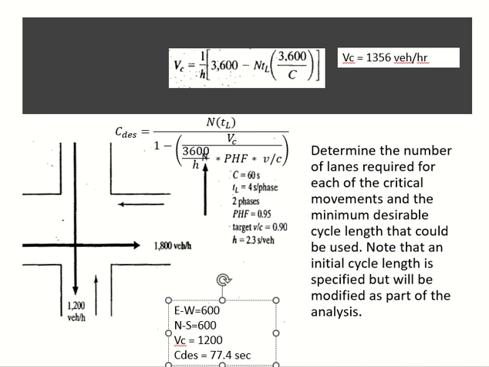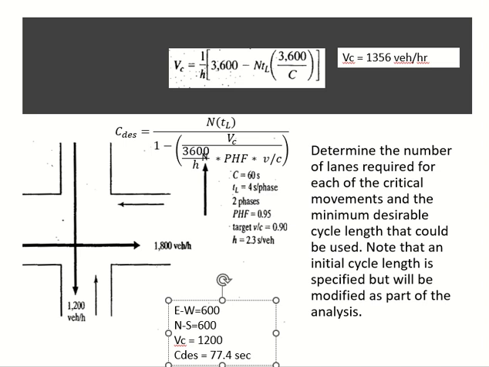Clear? Any problem? I know you have a problem with looking at the board, but any problem other than that? So the final design is that you give 3 lanes east west, 2 lanes north south, and the cycle length is this much. Clear?